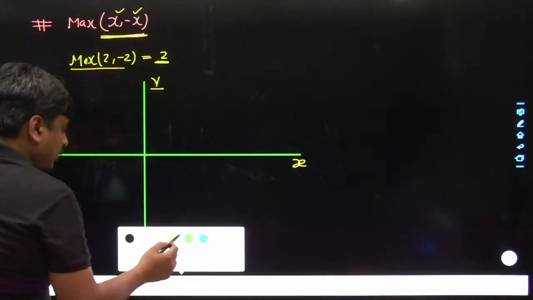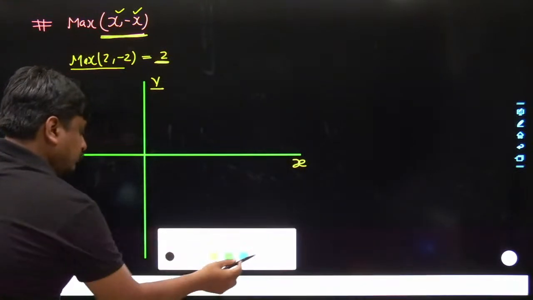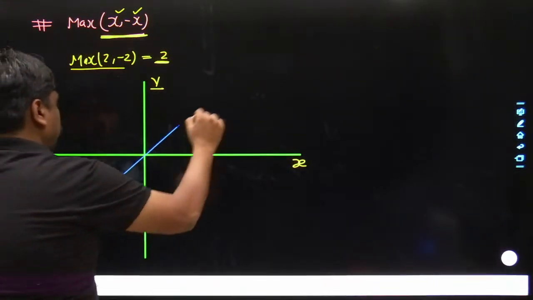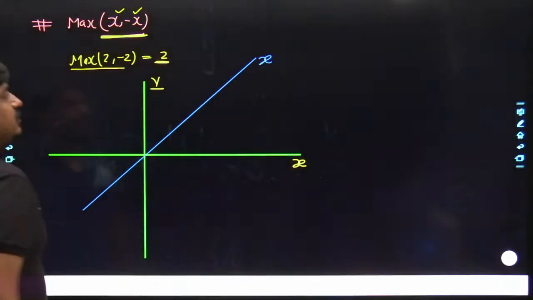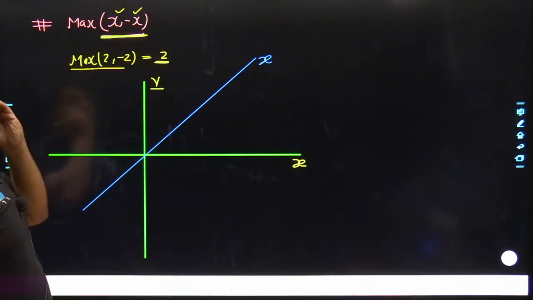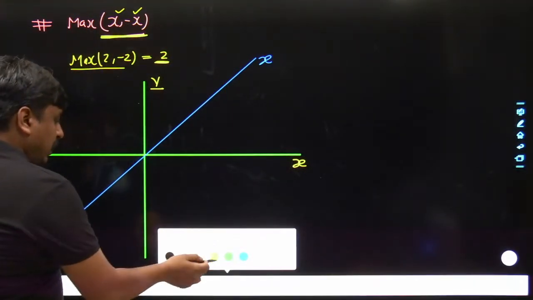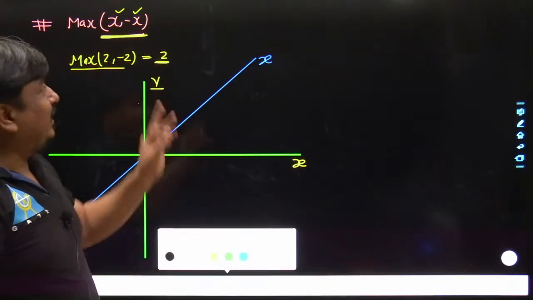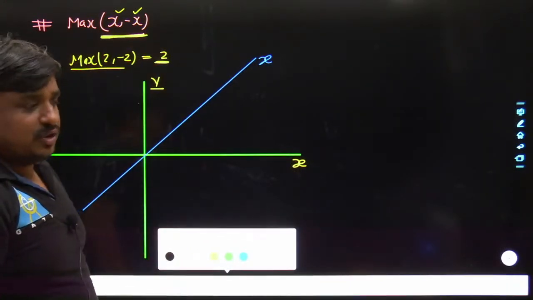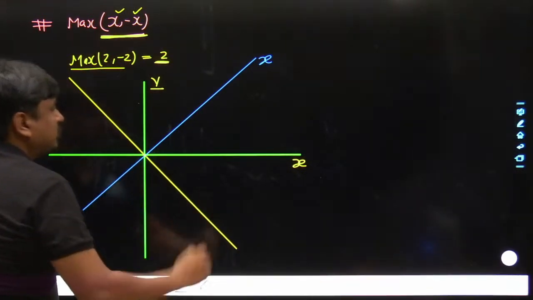So how would it look? This is x. Similarly, if you had to draw a straight line y equal to minus of x, again it would be a straight line with slope equal to minus 1, and as the value of c is 0, it would be crossing through the origin itself. So it would be sort of this.